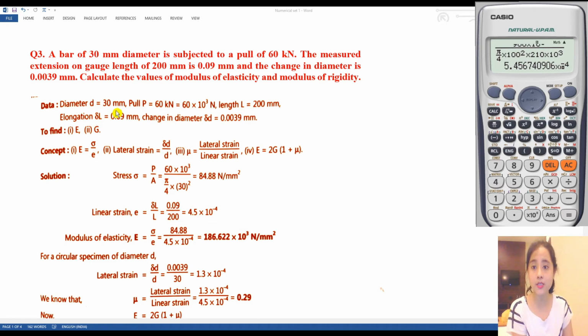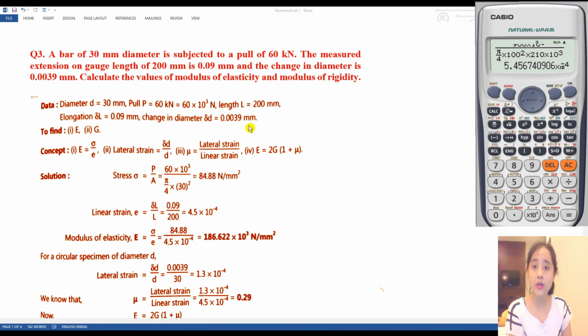Diameter is given 30 mm, pull is given 60 kilonewton. Converting kilonewton to newton, it will be into 10 raised to power 3. Length is given 200 mm, and when the 60 kilonewton load is applied, the length increases by 0.09 mm, and the diameter also changes by 0.0039 mm.